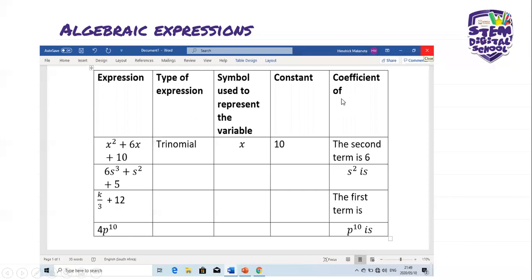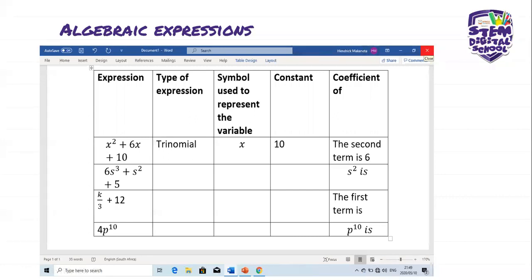What is the coefficient of the second term? The second term here is 6x. And so what is the number that is just next to the variable? That number is 6. The coefficient there is 6. The coefficient of 6x is 6. So we have answered all the questions in relation to the first expression.